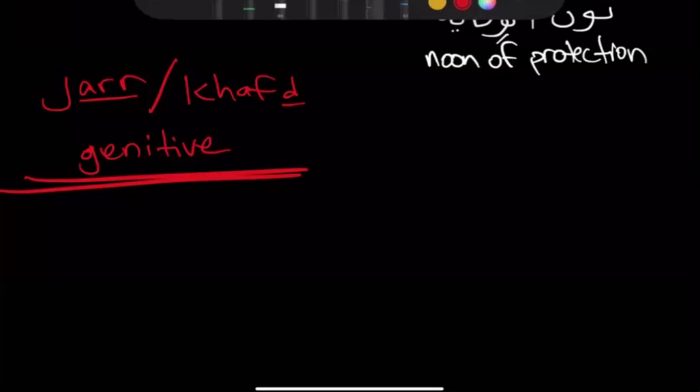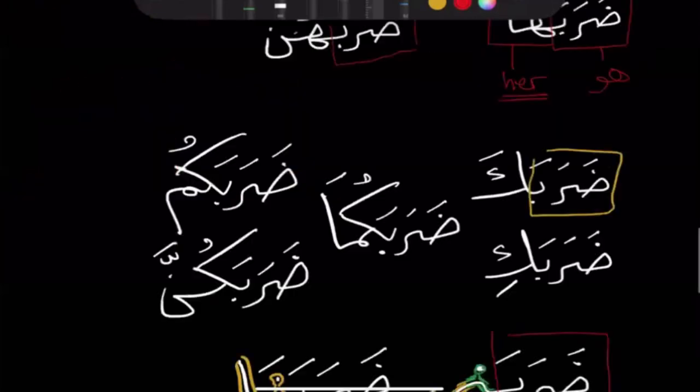Now I'm confusing myself. Is darabtu I struck, or he struck? What is the difference here?